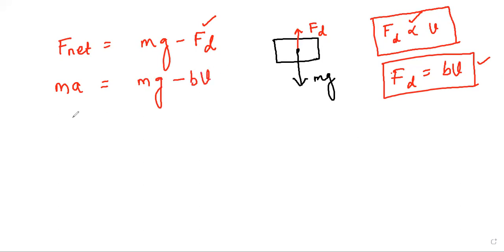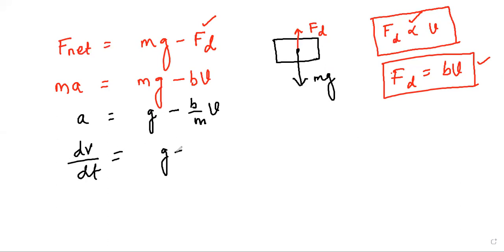Let us now further solve it. I can write a is equal to g minus b by m times v, cancelling m from all the sides. Now this acceleration is actually dv by dt, which is equal to g minus b by m times v. Now I will rewrite the right hand side, taking b by m common.